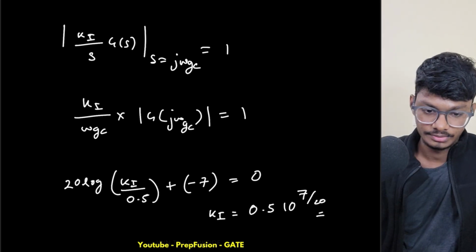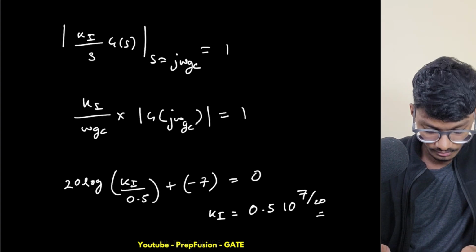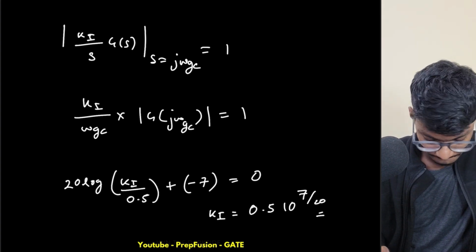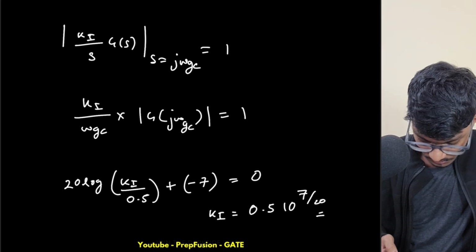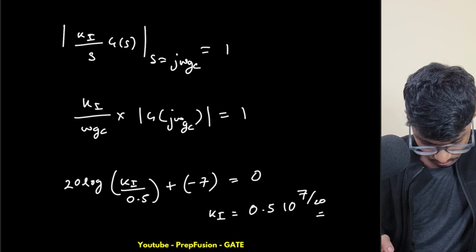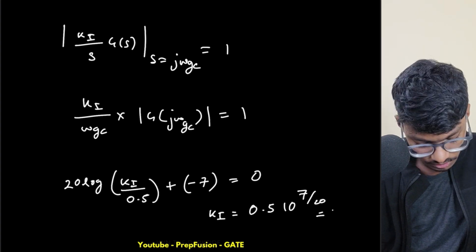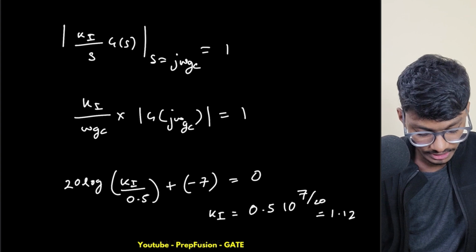Let me calculate this. Almost 1.12. So Ki will be 1.12.